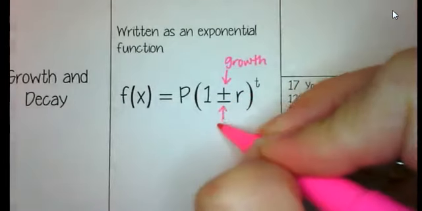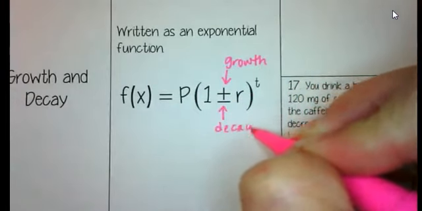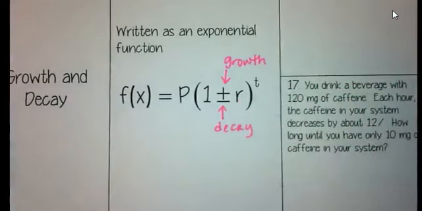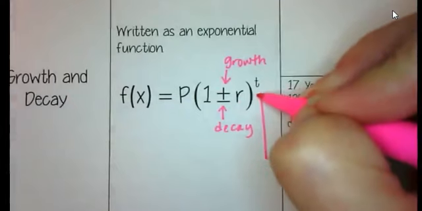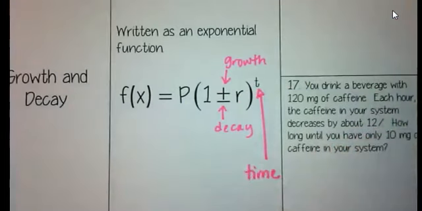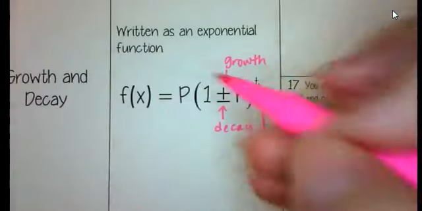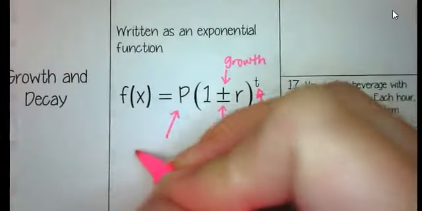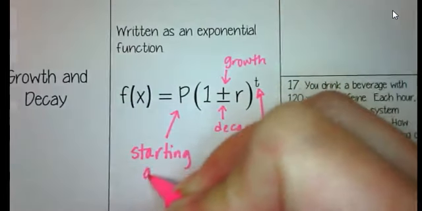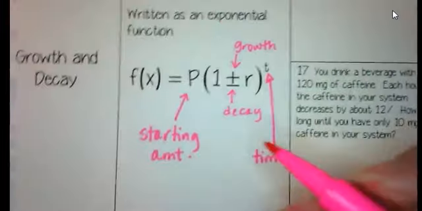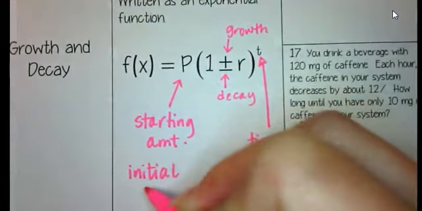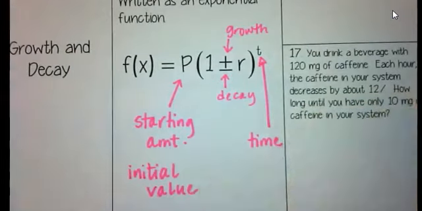And it's going to be subtraction if it's a decay, which makes sense because we would be multiplying by a number less than 1 if it's decay. The T is talking about the amount of time that goes by. The P, it stands for principal, but this is your starting amount. You could call it your initial value if you want to, if you're doing something that involves money.